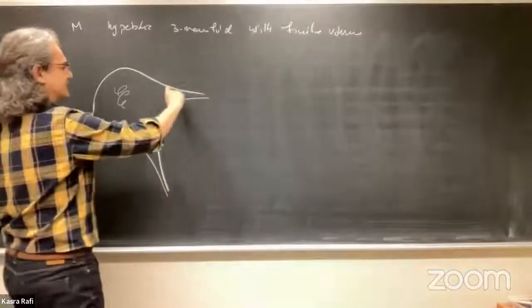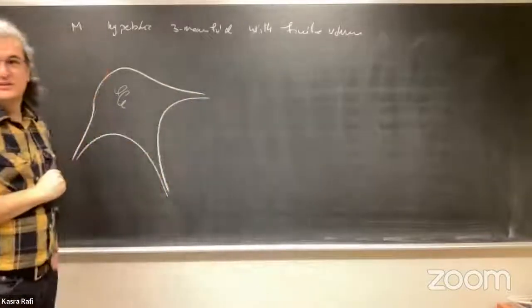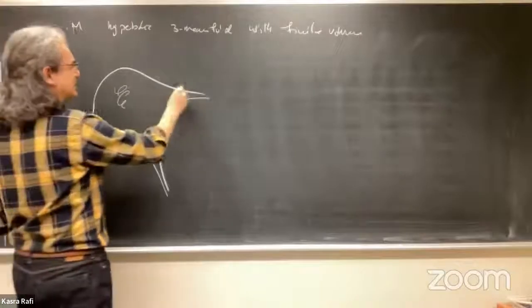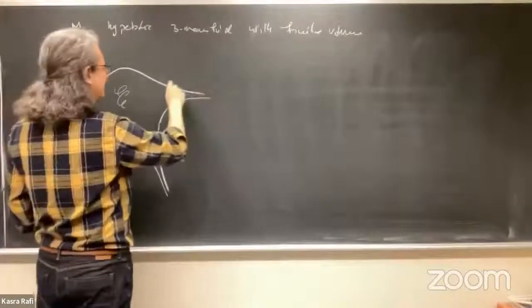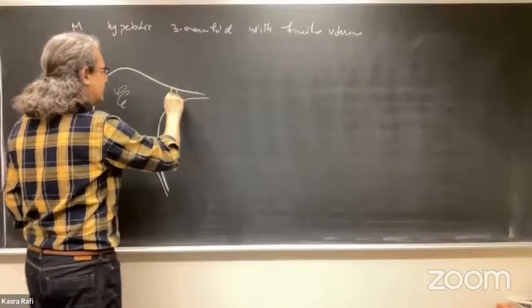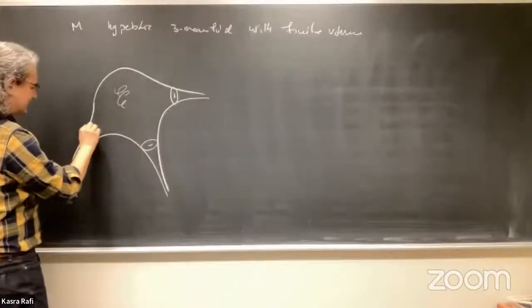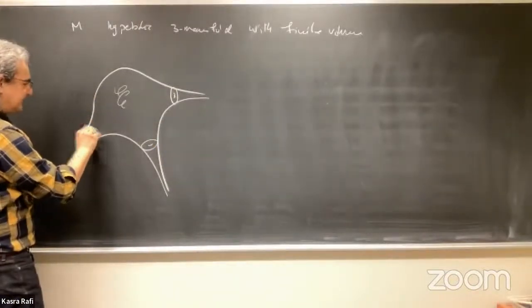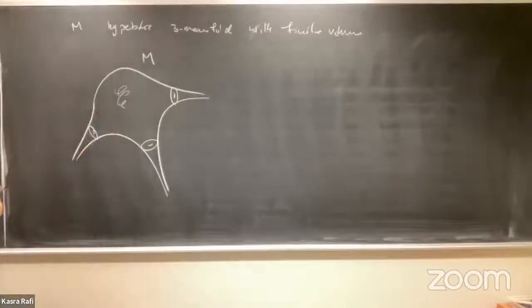In two dimensions the cusps' cross sections are just circles, but since this is a three-dimensional space, the cross sections are two-dimensional, and if you want finite volume, they necessarily have to be tori. So the ends of these are tori. This is M, right?